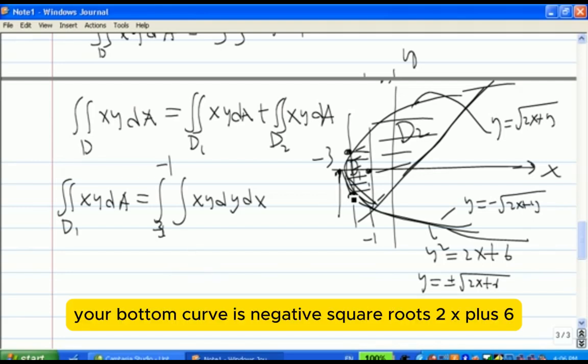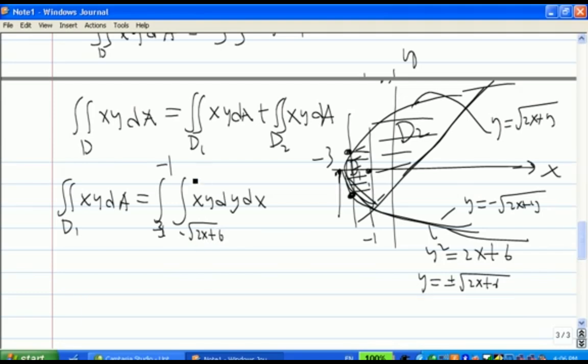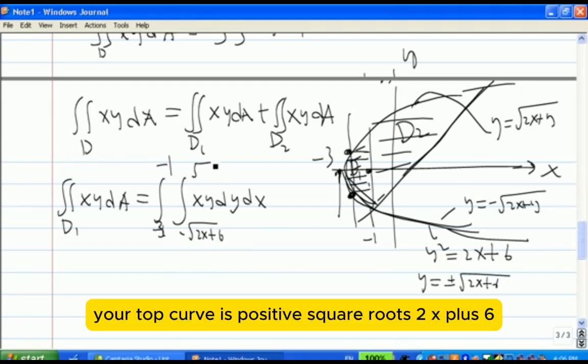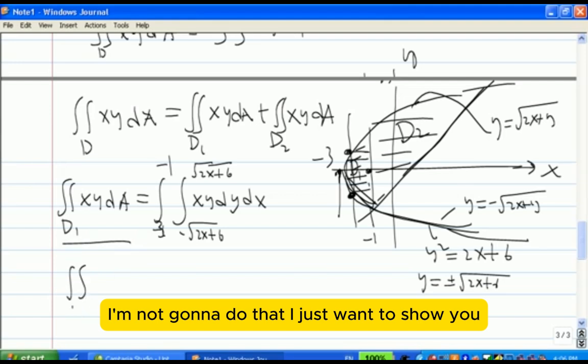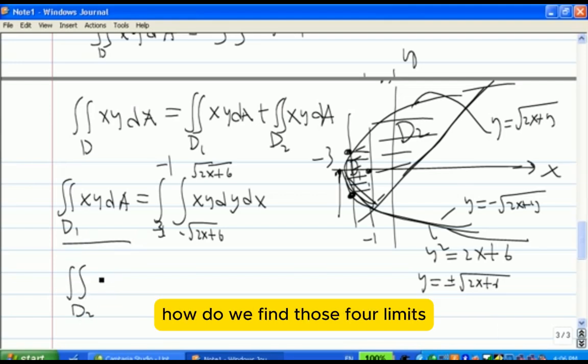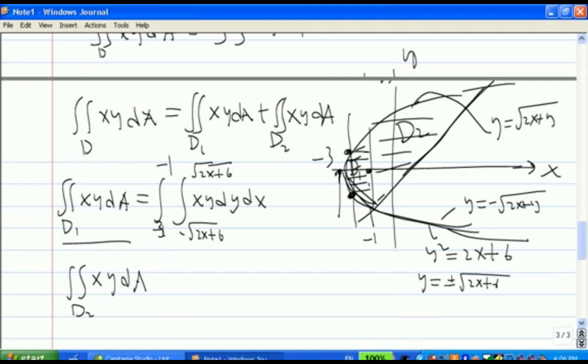Therefore, your bottom curve is negative square root of 2x plus 6. Your top curve is positive square root of 2x plus 6. Now you integrate that, you will find the value for this double integral. I'm not going to do that. I just want to show you how we find those four limits for the double integral.